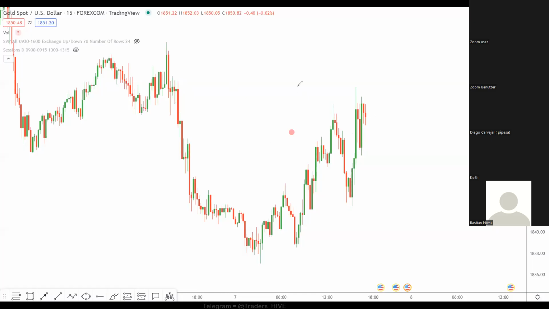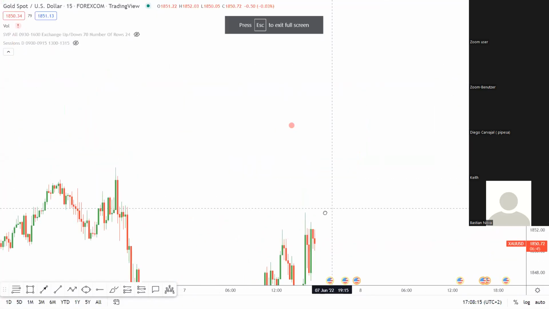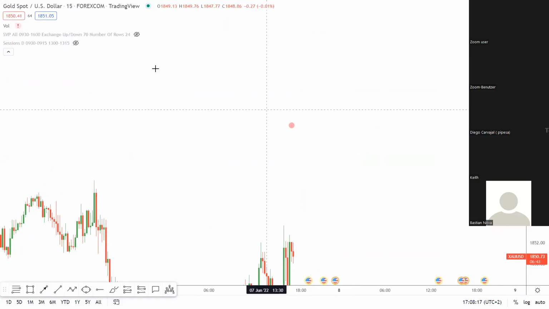So how do I identify my key levels of supply and demand zones? As we've spoken about many different times, we want to look at the formation of some order blocks. Where are my drawing tools? Right here.